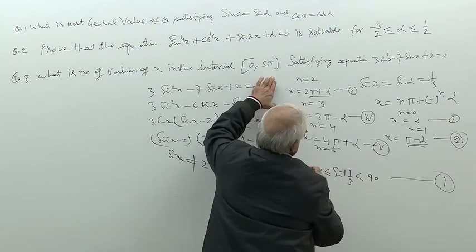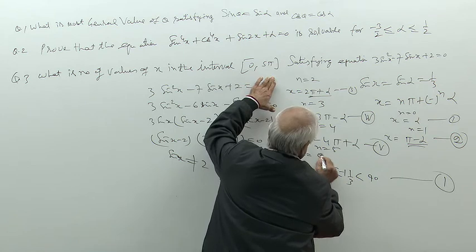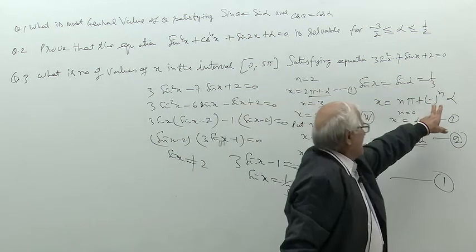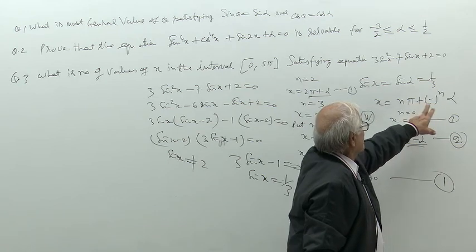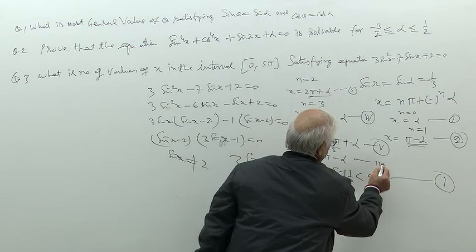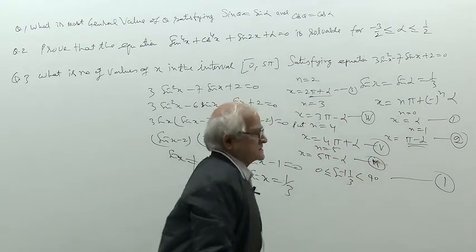Now take n is equal to 5. We get 5 pi minus alpha, because this will give minus. This is the sixth value.